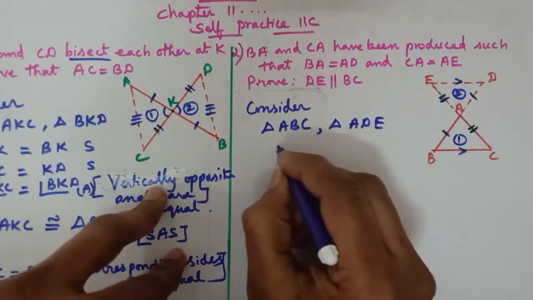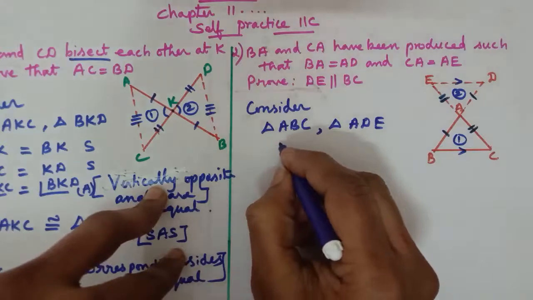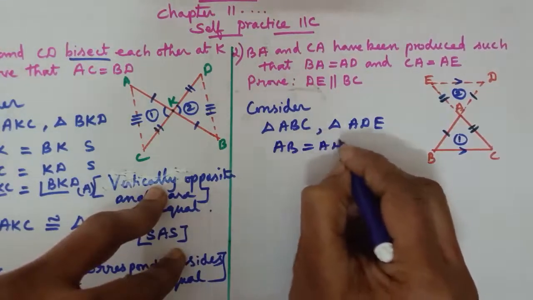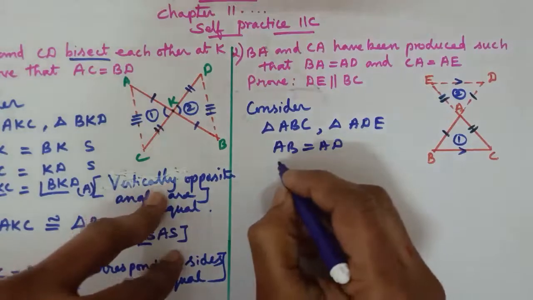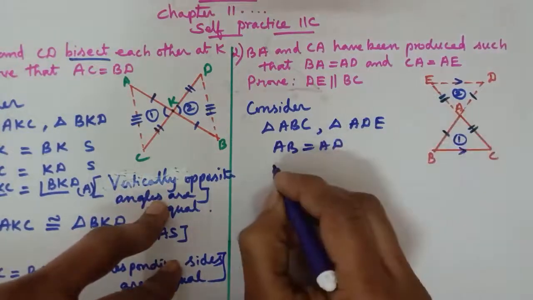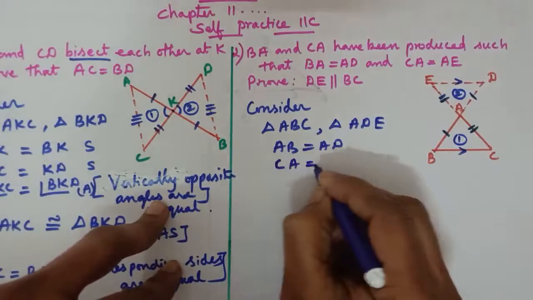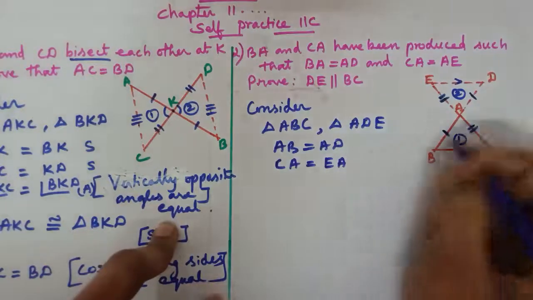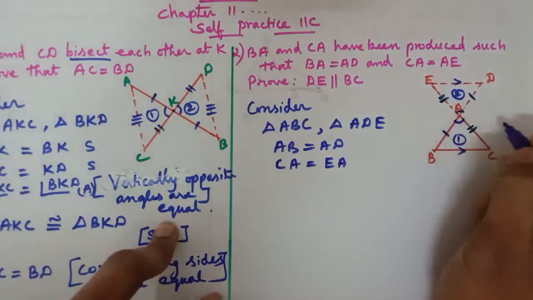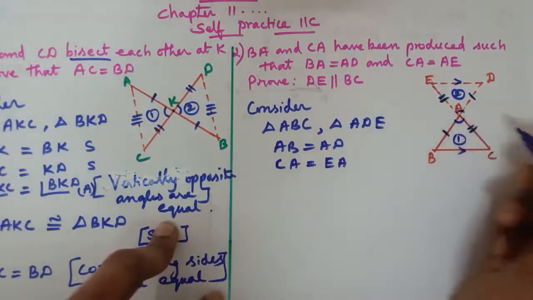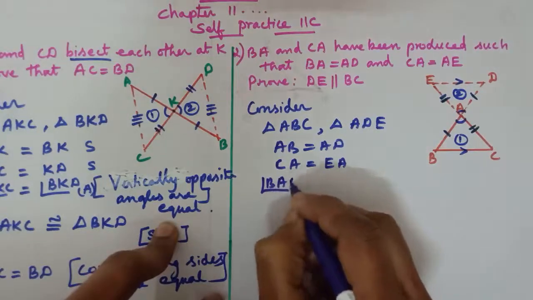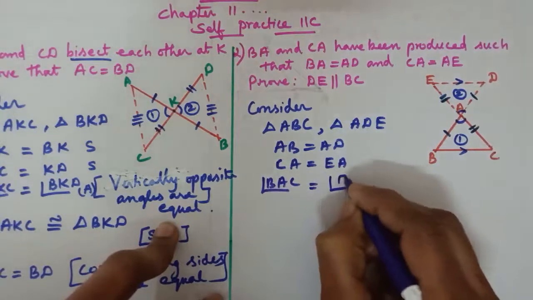We can easily write AB equal to AD first, then CA equal to EA. Then third point, vertically opposite angles are equal, so we can write angle BAC is equal to angle EAD.